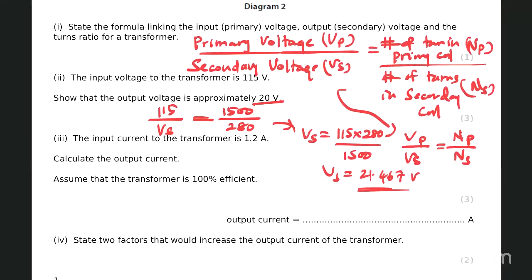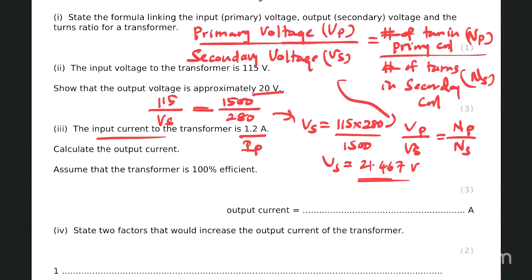The input current for the transformer is 1.2. Input value, IP value. Calculate the output current. Assume that the transformer is 100% efficient, right? So now our equation VP into IP will be equal to VS into IS. So VP value, the input value 115. The input current 1.2. You need to calculate the output current. So I'm going to subject IS value.